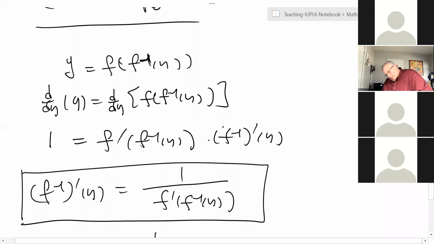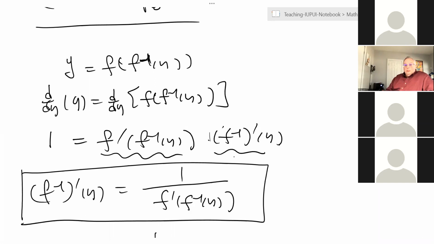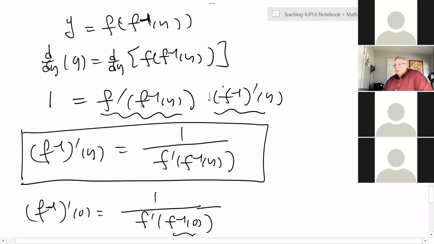We differentiate both sides with the chain rule, and we get 2 parts here, and then this is the derivative of the inverse function, and then you solve for that by dividing by f prime on both sides, so you get this. So this is the formula. This formula we can use to find the derivatives.